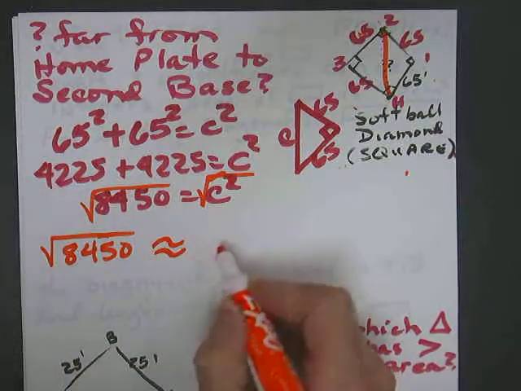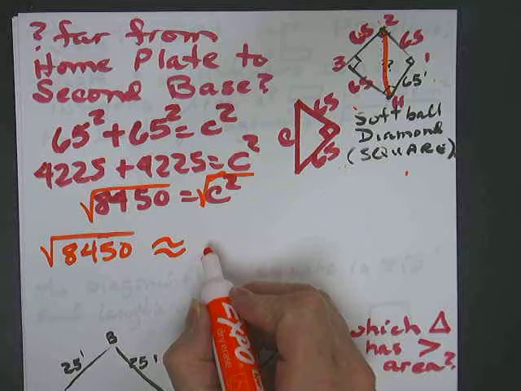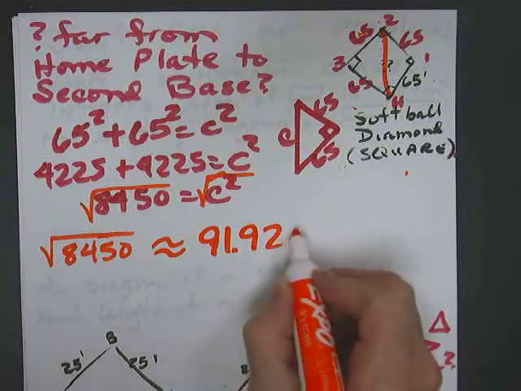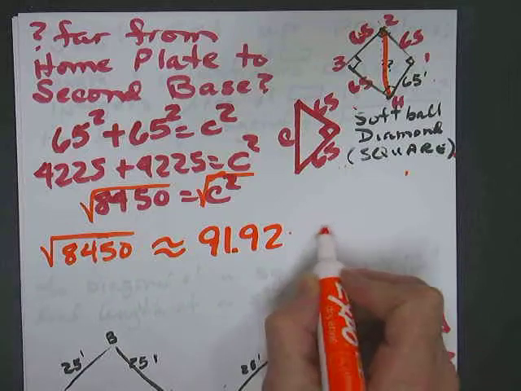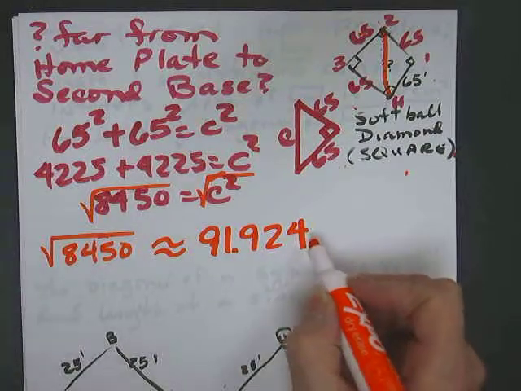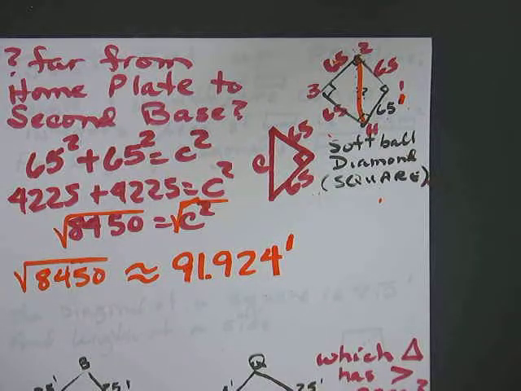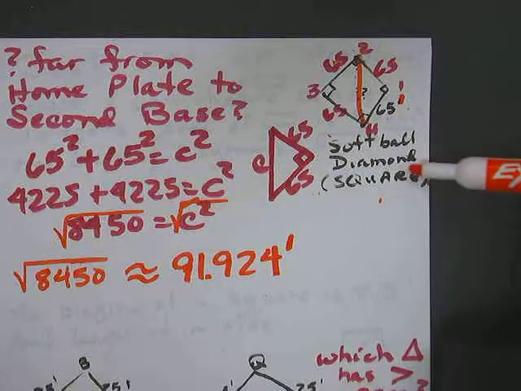We don't want to know square root. So what is square root of 8450 to 3 decimal places? 91.924, it would be 4, rounds up to 4. And this was in feet.